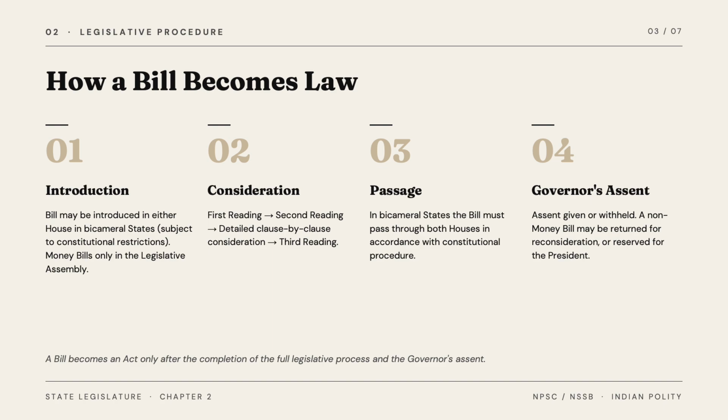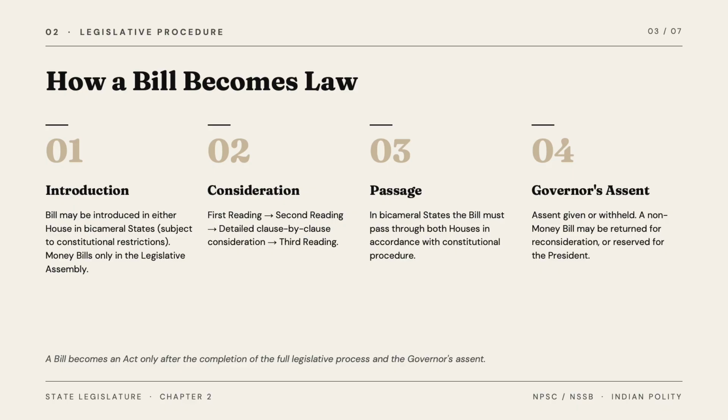There will be the first reading, the second reading, detailed clause by clause consideration, and then the third reading. I talked about all the three readings, right? I explained to you guys. And only then it will pass through both the houses, but in our case, just the legislative assembly, since we don't have a legislative council. And once it's passed in the house, it will be sent to the governor, and the governor can either accept, send it back for reconsideration, or withhold his assent.